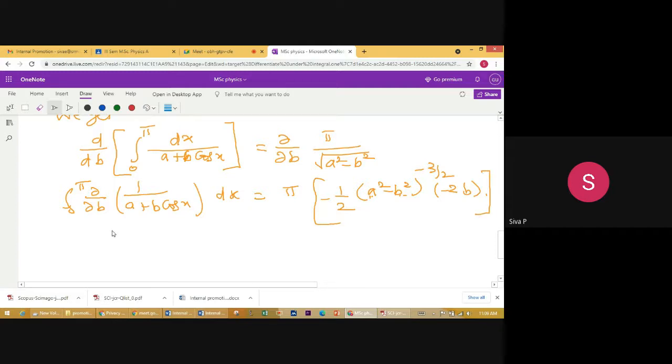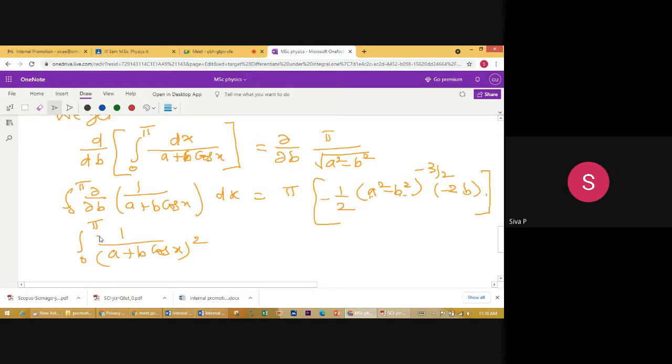Therefore, integral over 0 to pi of 1 by a plus b cos x: 1 by x becomes minus 1 by x square, that is minus 1 by (a plus b cos x) whole square.